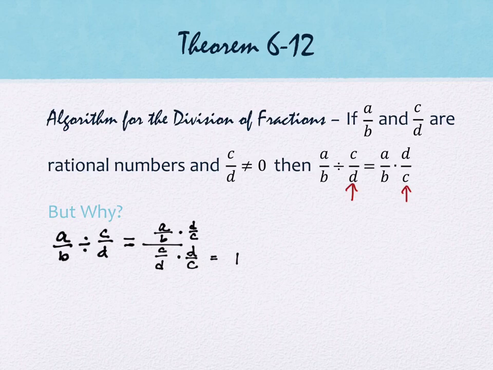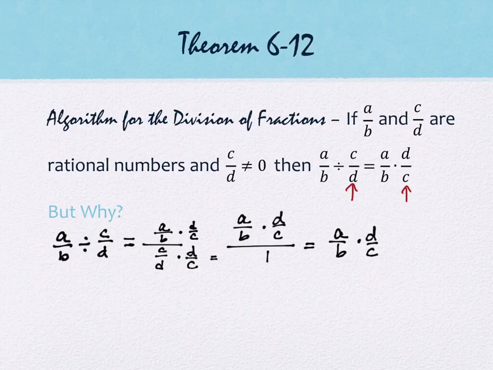So far, so good. So my denominator is now a 1, that I'm going to move over. And my numerator is A over B times D over C. And when we divide by 1, it doesn't change values. So we're left with A over B times D over C, which is exactly where we were headed.